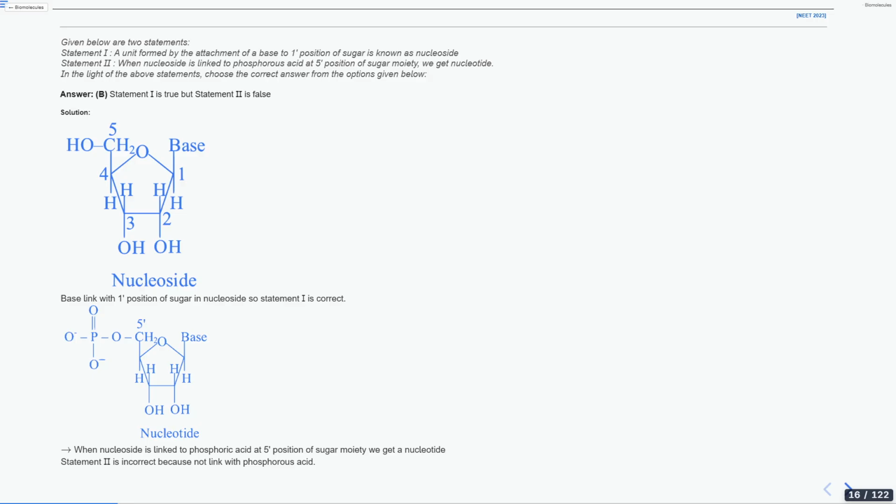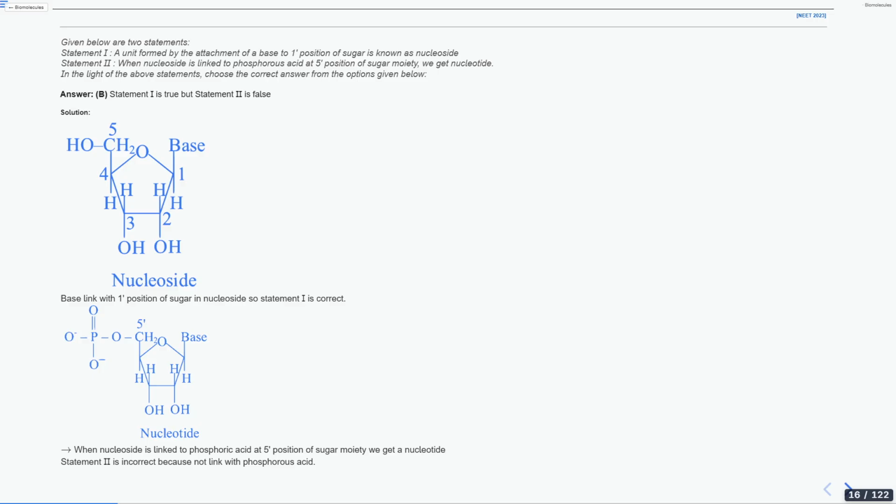Now my question is that this structure which you are seeing is a sugar. Whether it is a sugar of DNA or RNA, can you tell me? To which species is this sugar related?